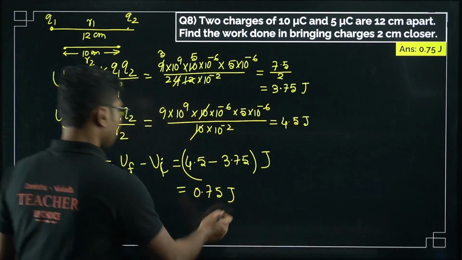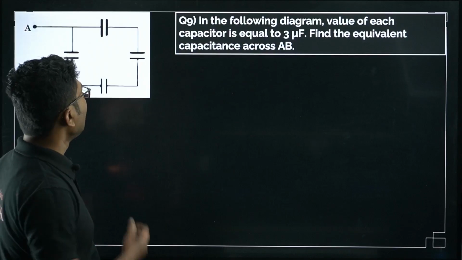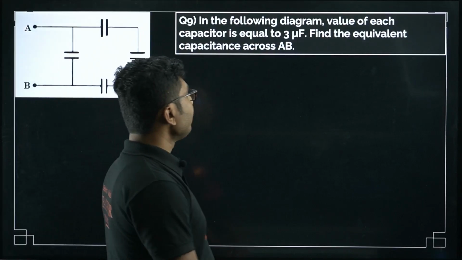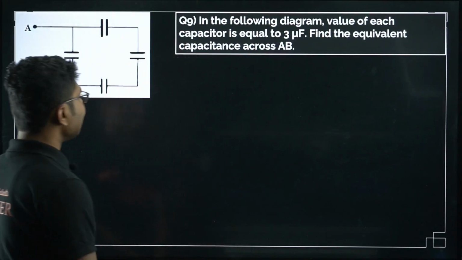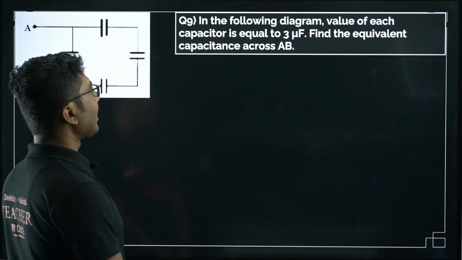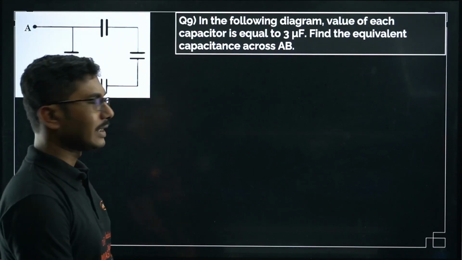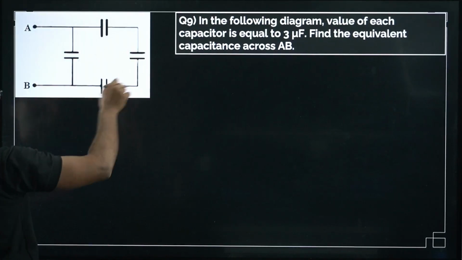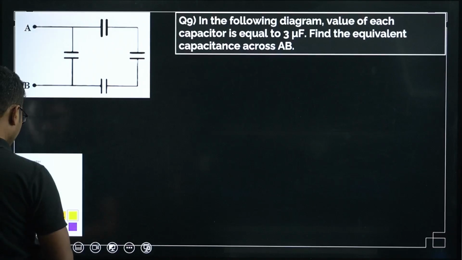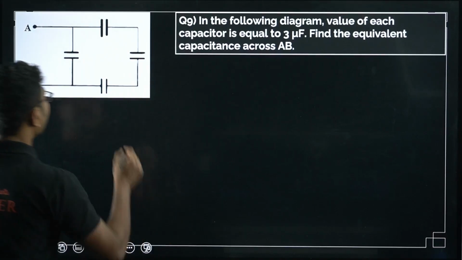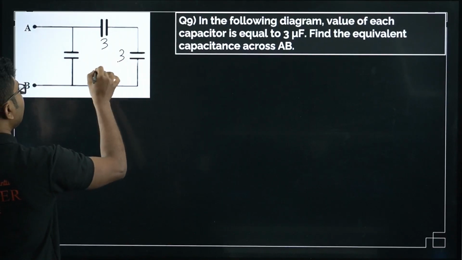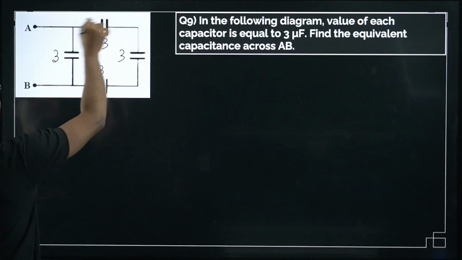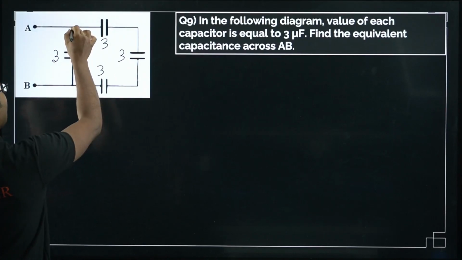Okay, next question. The following diagram, the value of each capacitor is equal to 3 microfarad. Find the equivalent capacitance across AB. Each of them has the value 3 microfarad. So this is 3, this is 3, this is 3, this is 3. Now first we will see how they are connected.